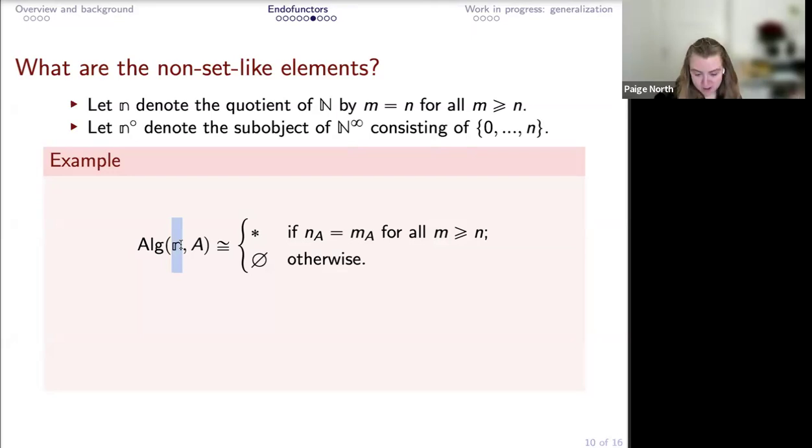So not the initial one, which is the simplest in some sense, but let's consider these algebras, which are quotients of the natural numbers, where we just identify everything after some number n. Okay, so they inherit an algebra structure from the natural numbers that sends 0 to 1 and 1 to 2, et cetera, and then n to n over and over again.